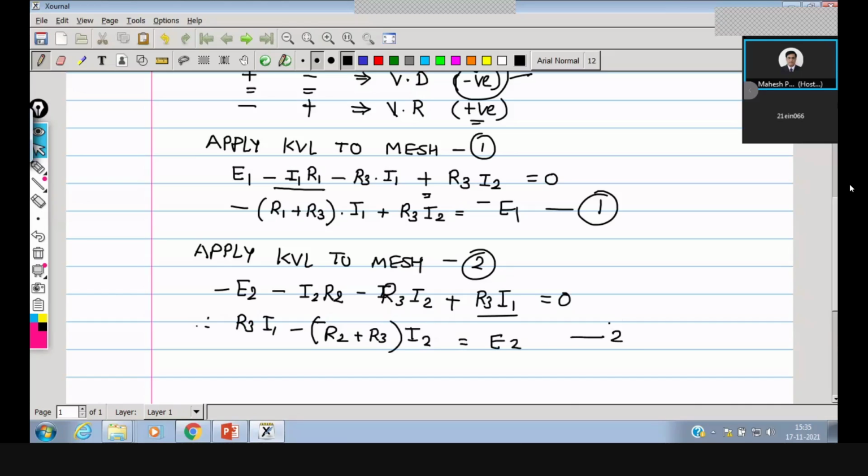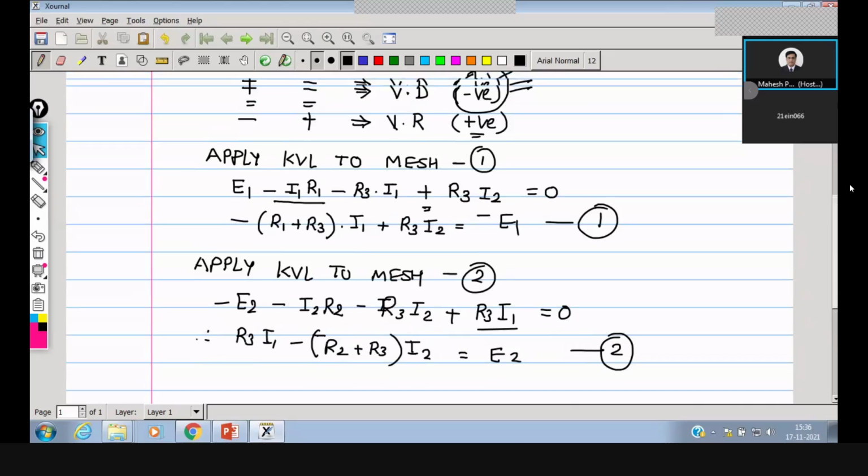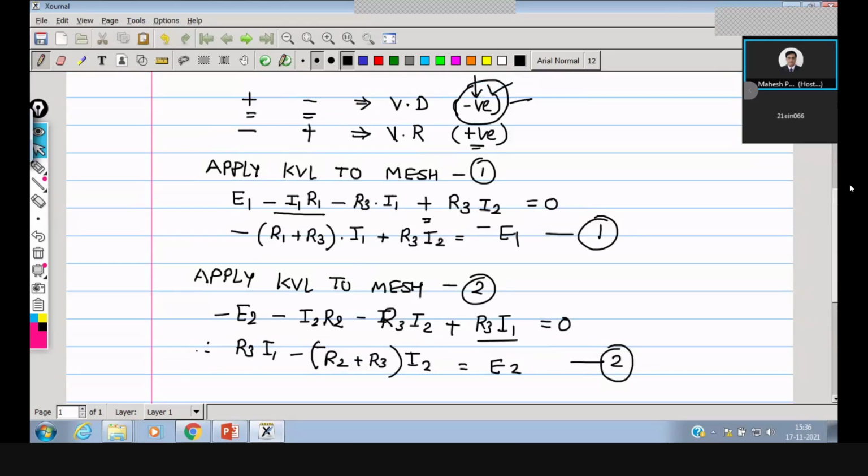Here we have two different equations with two unknowns, and we can solve these unknowns by different methods and identify the current flowing through the various elements. After applying Kirchhoff's voltage law, the two unknown variables are I1 and I2.